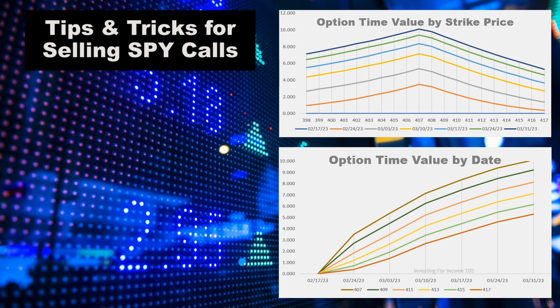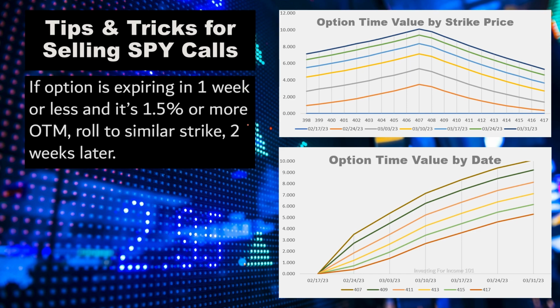Okay, so what did we learn? First of all, if we look at out of the money options, which means say 1.5% out of the money or more. So example would be 415, strike price 415, which is about 2% out of the money. So when the option is about 1 week till expiration, that would be right here.